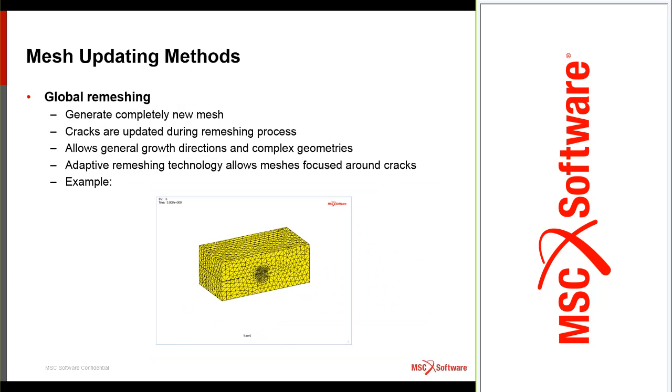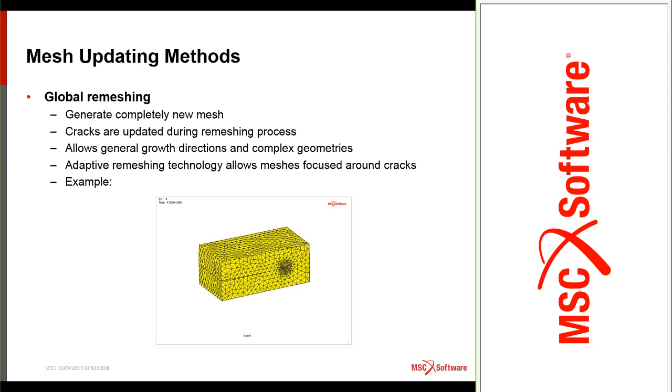Third method, the most general one, where we use the global remeshing feature in Marc. In this case, we create a completely new mesh, and then we transfer all the data from the old mesh to the new mesh. So if we use plasticity, the plastic strain will be transferred from the old mesh to the new, so we preserve that. It's a nonlinear analysis.